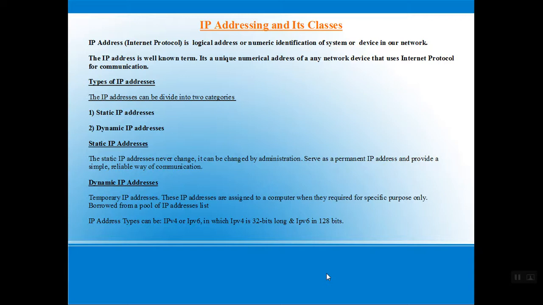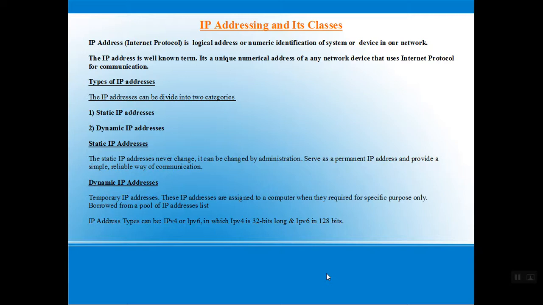Once it's defined, it's used in the network until it is manually changed. It provides simple, reliable communications. In dynamic, as the word describes, the address is temporary. In simple words, it's a temporary local address. It changes according to the rules defined by the DHCP server.